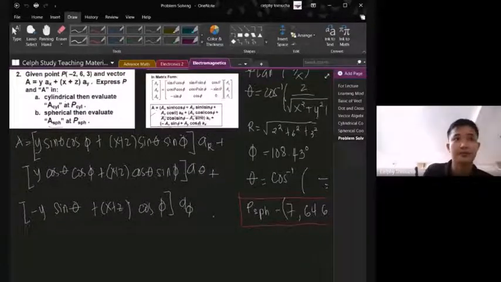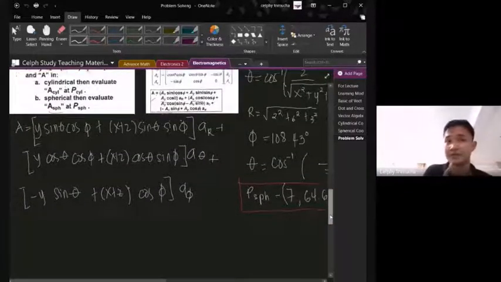Okay, so same man siya sang aton nga himuon, we're going to substitute na sa aton nga values.